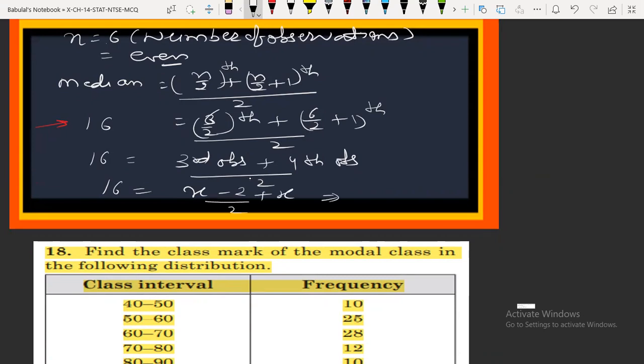On simplification, we have the value of x equal to 17. You are in 10th class, I think you can solve it. The value of x is equal to 17. This is the answer of this question, student.